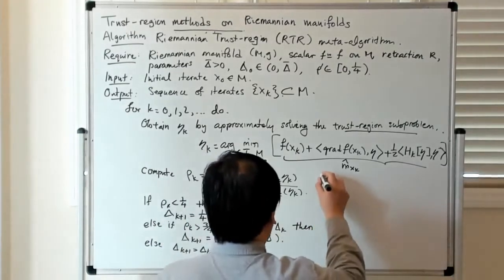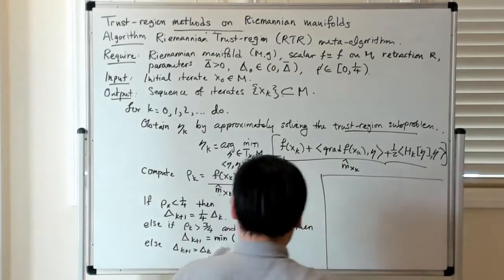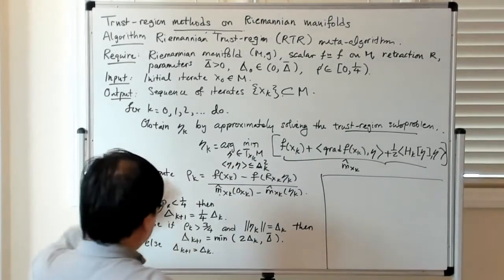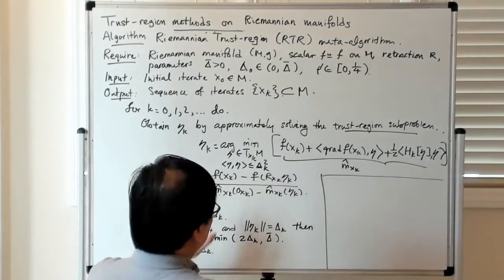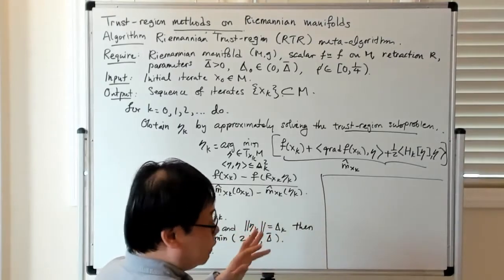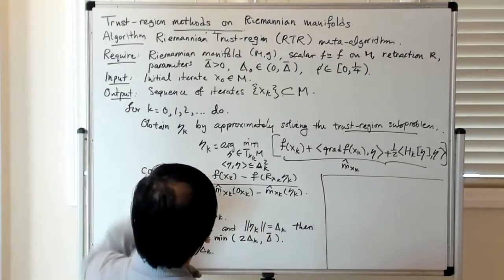Okay, all right, I don't have a lot of space. Let me try to put the rest of the algorithm here. So this is to update the trust region radius, and then if you recall, we also had a question of whether or not we were going to accept the iterate.